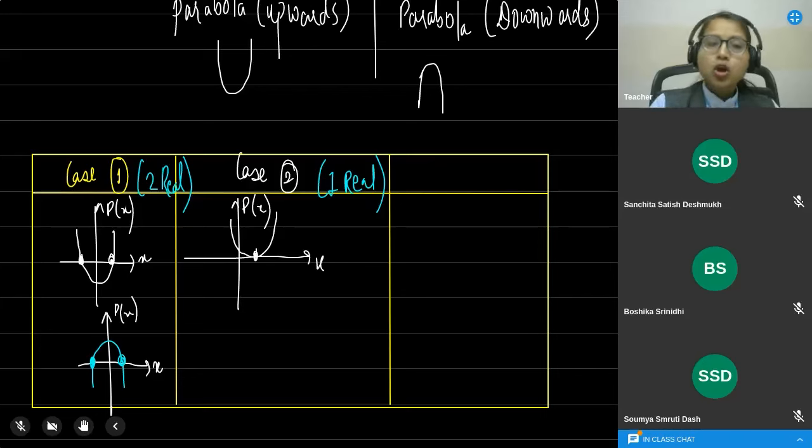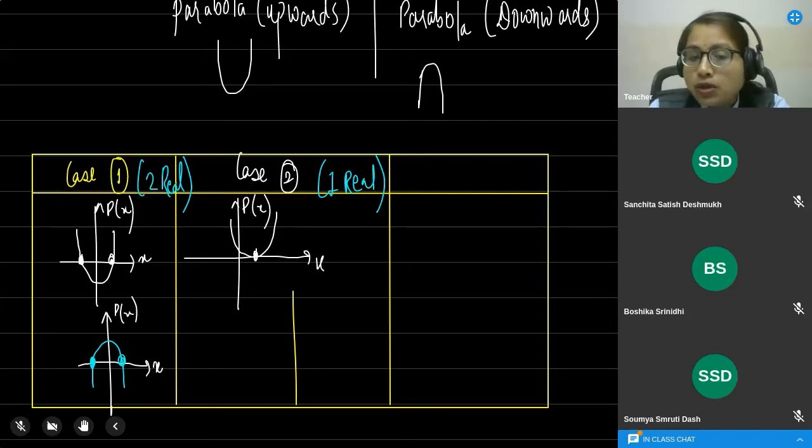Because in this case, basically both the zeros are exactly the same. When the given polynomial is a perfect square, then in that case both the zeros are the same. I will explain with examples also. So this is case number 2.